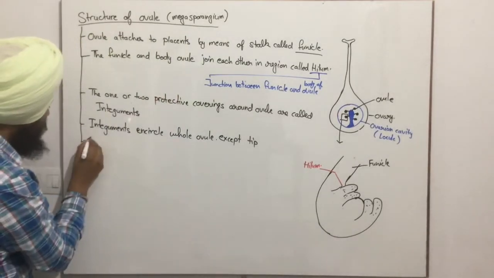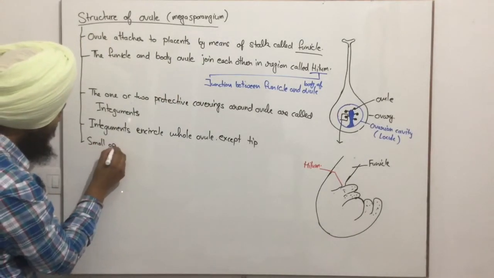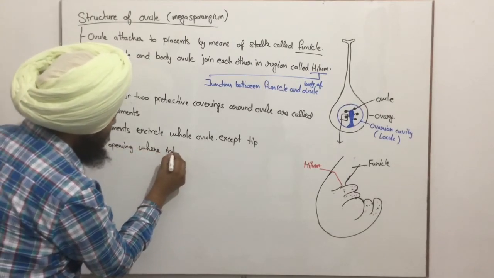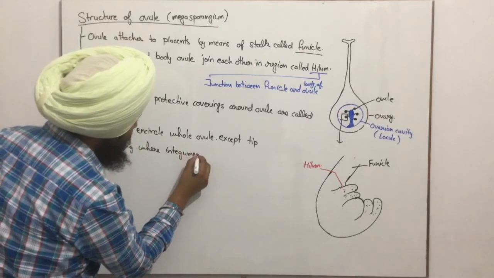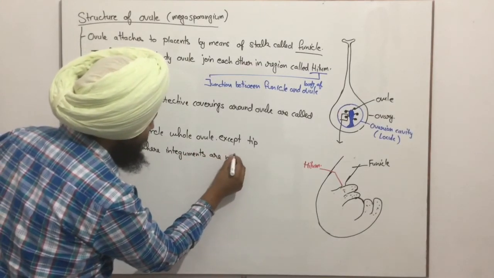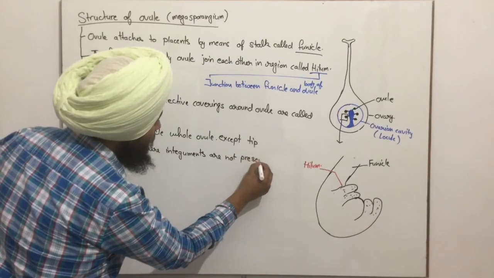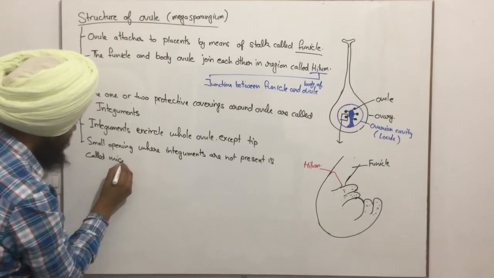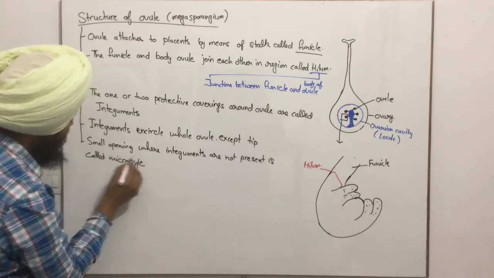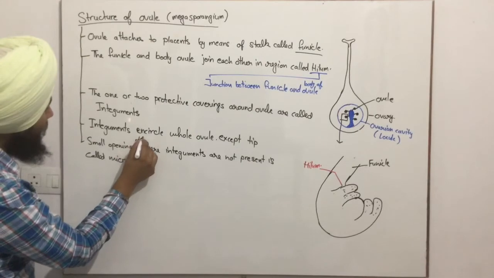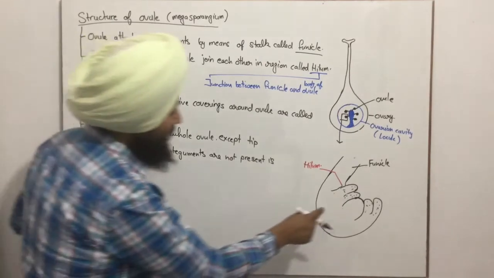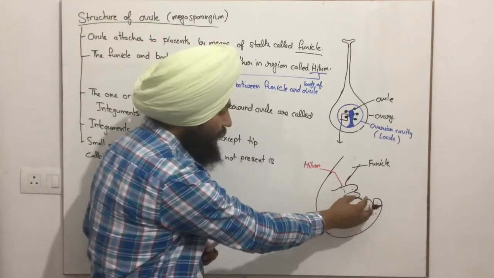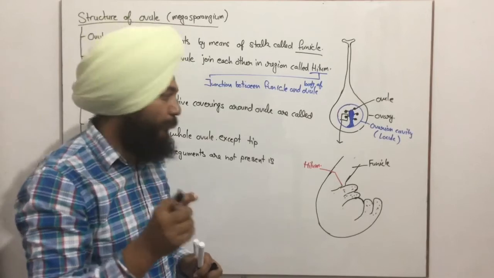So the small opening where integuments are not present is called the micropyle, and this end of the ovule is called the micropyle pore, okay.